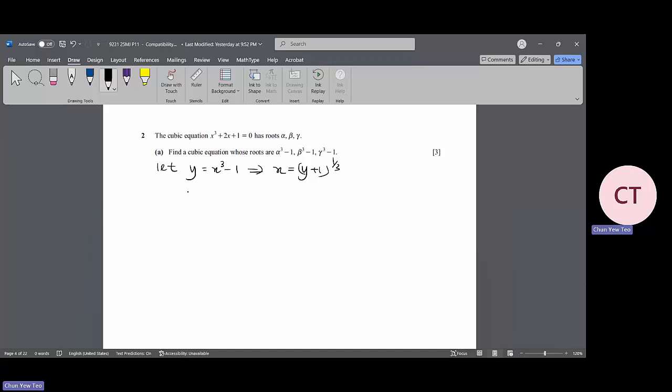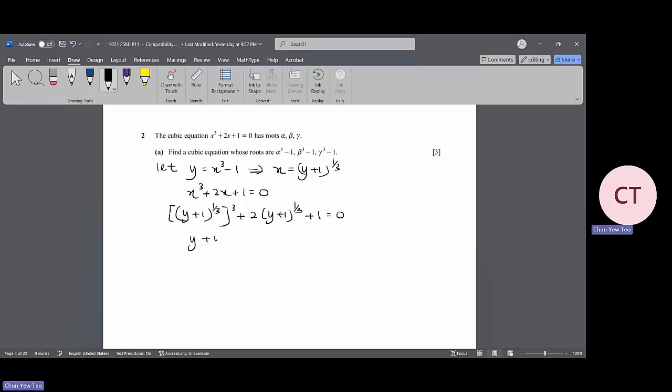So we're going to substitute this into the original equation. Then you will get (y plus 1) to the power of 1/3, cubed, plus 2 times (y plus 1) to the power of 1/3, plus 1 equal to 0.